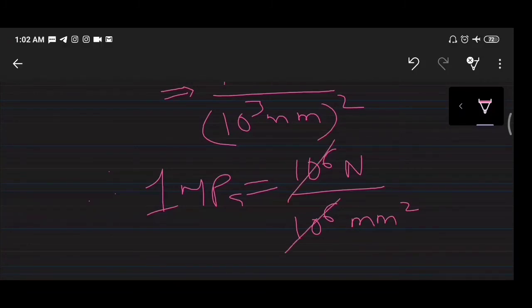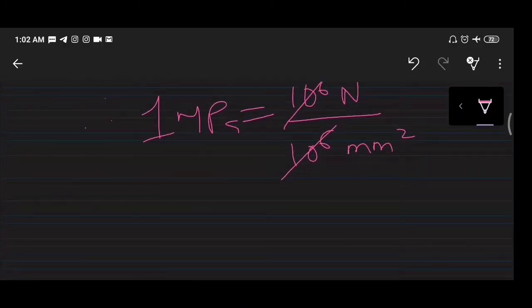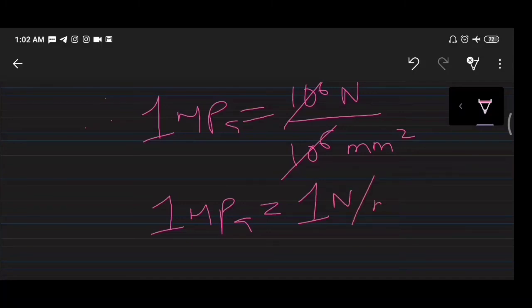So 10 to the power of 6, 10 to the power of 6 get cancelled. So we have 1 megapascal equals 1 Newton per mm square.